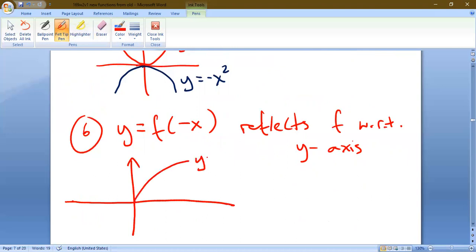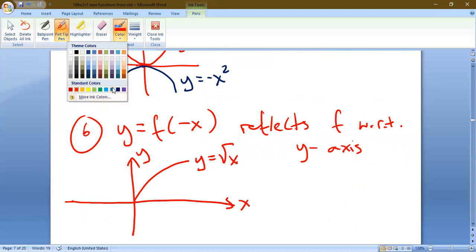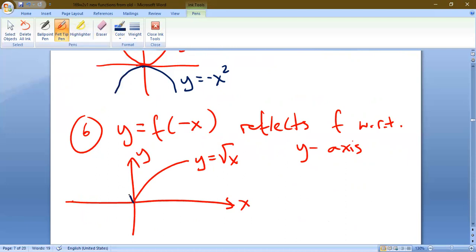This is y equals square root of x, the usual function we know. But if we take y equals square root of minus x, then it's going to be defined for negative numbers, because let's say here minus 1. The square root of plus 1 will be 1, but this one will happen for minus 1. So it's just going to be a reflection with respect to the y-axis. And these are ways of obtaining new functions.